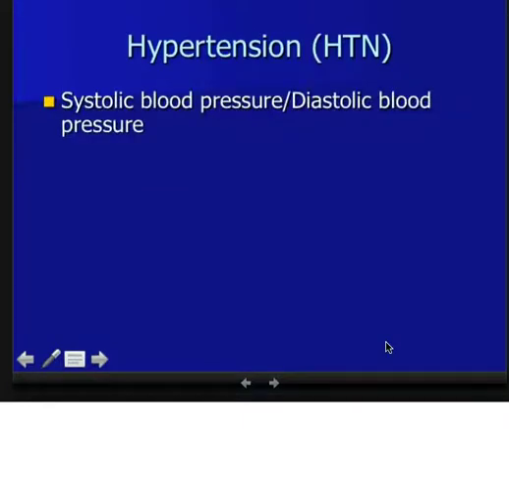Hypertension is characterized by a higher than average systolic over diastolic blood pressure. Your systolic pressure is the pressure in the vessels when the ventricles are squeezing, whereas the diastolic pressure is the pressure in the blood vessels when the ventricles are relaxing.